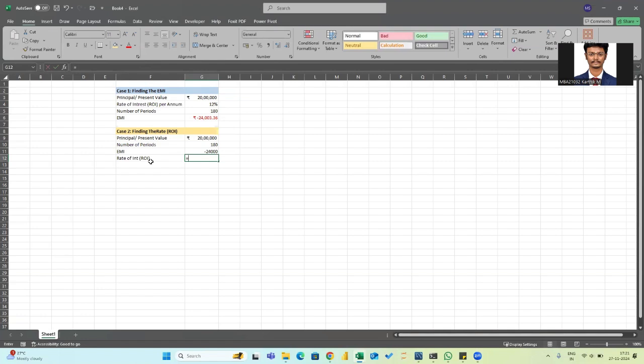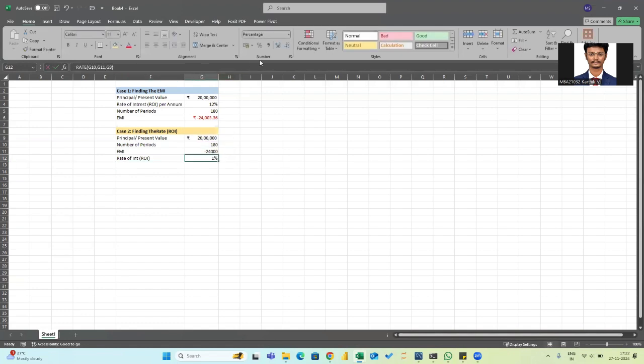The formula for this is RATE. N means NPER, number of periods, comma, PMT is 24,000, comma, present value is 20 lakhs.